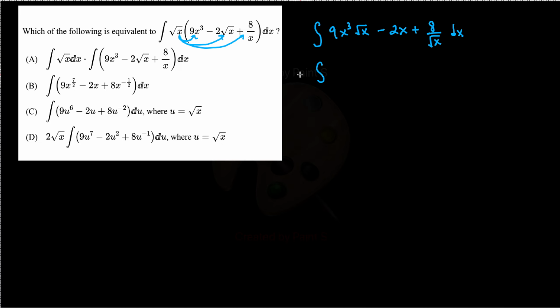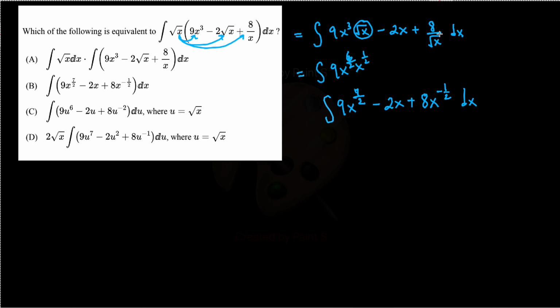This is then, in turn, let's see what it'll become. So this is really x to the 1/2, right? 9 x to the third times x to the 1/2, but this is 6 halves and 1/2, right? The exponents add: 9 x to the 7 halves. Not going to bother writing it again, minus x, plus, and if you like, 8x to the negative 1/2 dx.